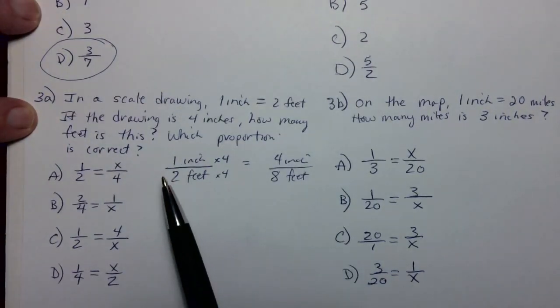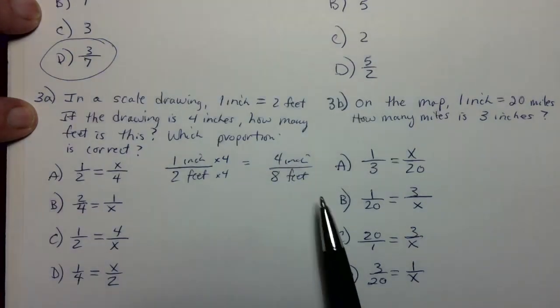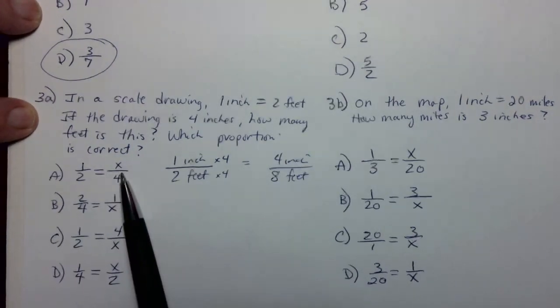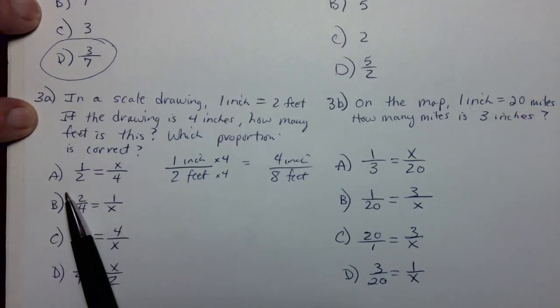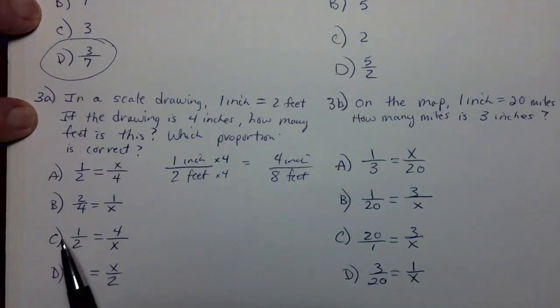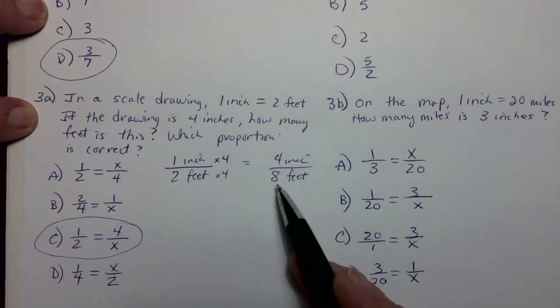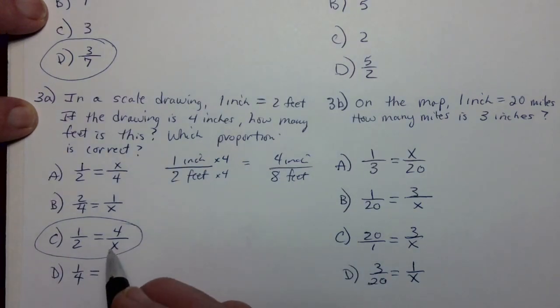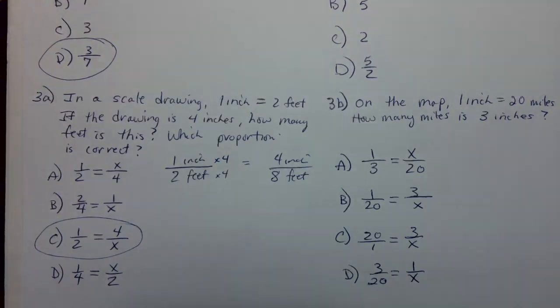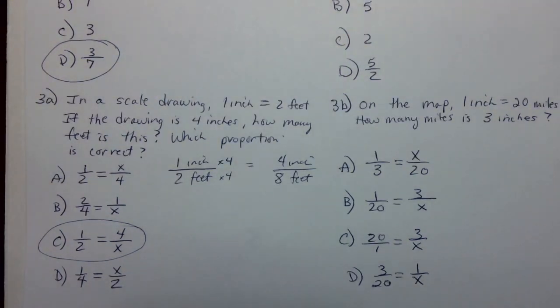So I have 1 to 2 and 4 to something. 1 to 2, oh, this is not right. 1 to 2, no, that's not right. 1 to 2, 4 to something. Here it is, right here. They just didn't solve it. They said, oh, that's what's missing, down there. Okay, you see what I'm talking about?